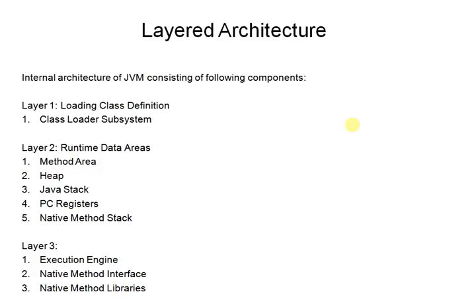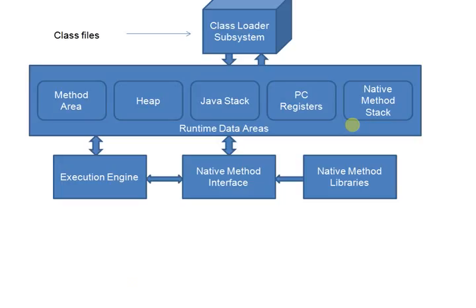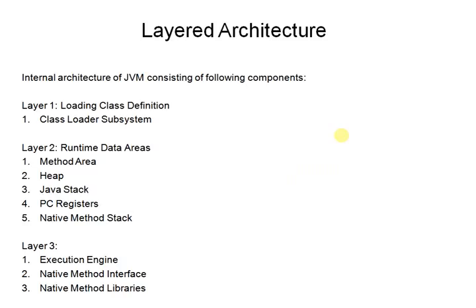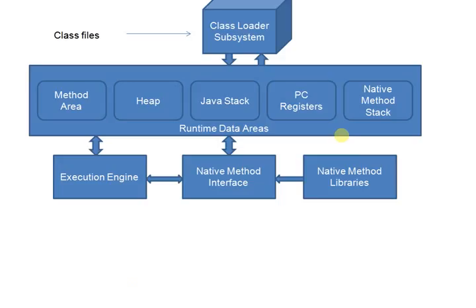Now let us go to the last layer. The last layer consists of three different subcomponents, that is execution engine, native method interface, and native method libraries. An execution engine is nothing but a virtual CPU.